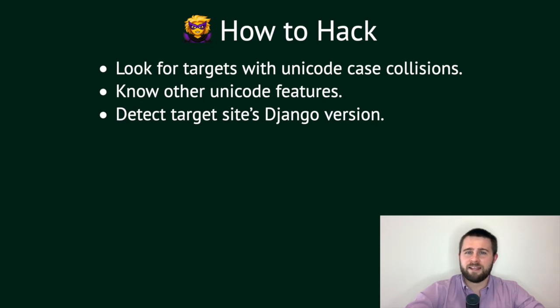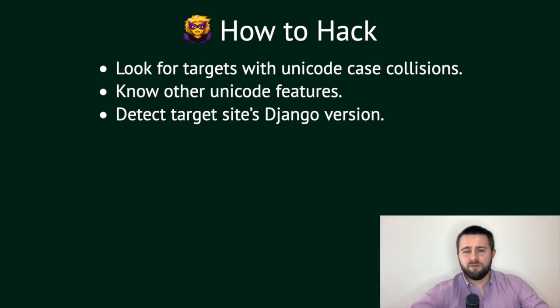There's probably other case collisions with letters in different languages. It's also worth knowing other freaky features of Unicode that programmers tend not to account for. For example, there are a lot of characters that look the same, and these have been used in a number of attacks like phishing domains that seem to be from your bank but aren't actually.